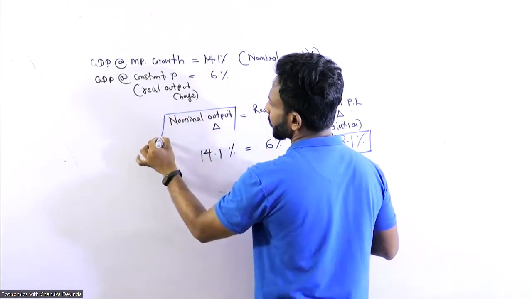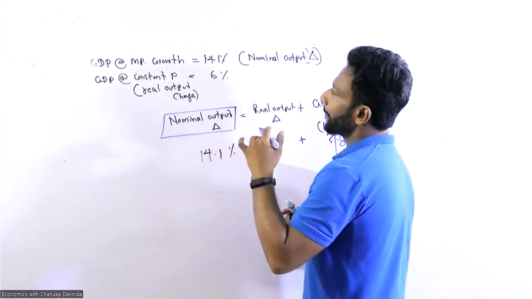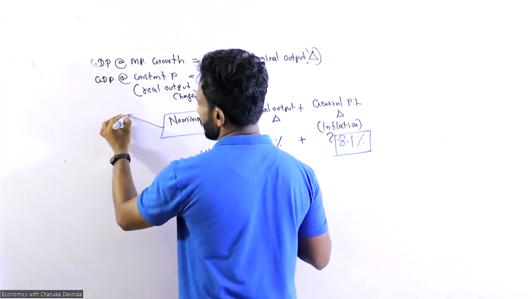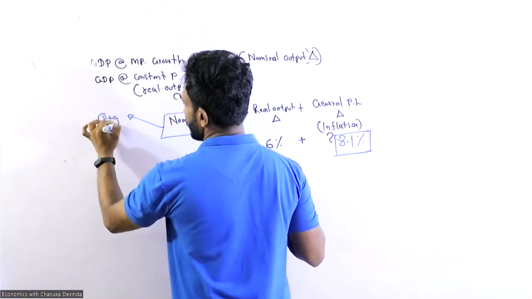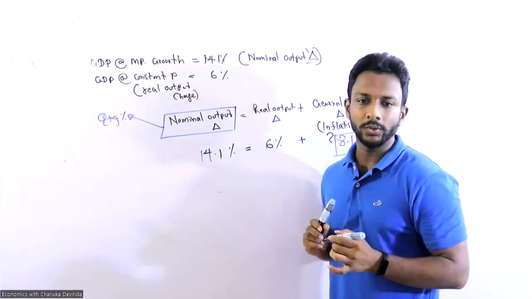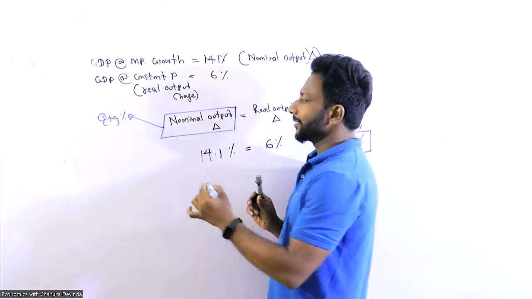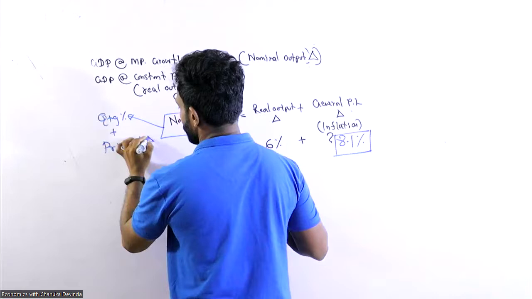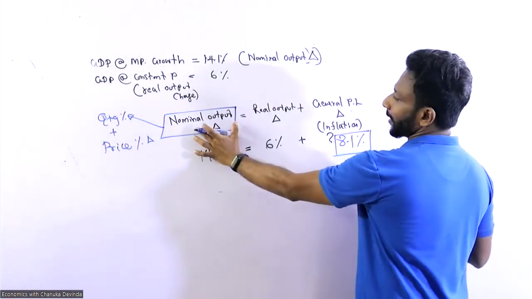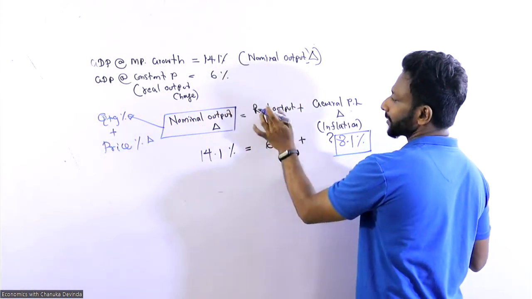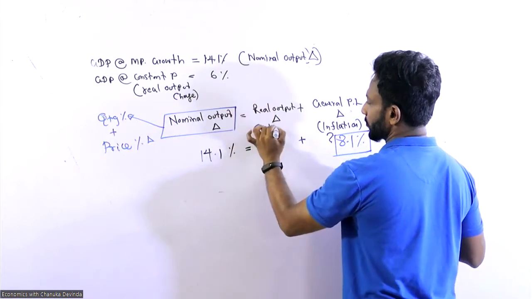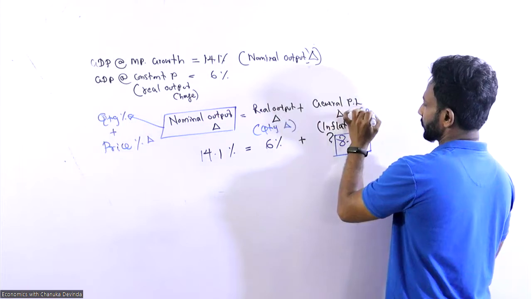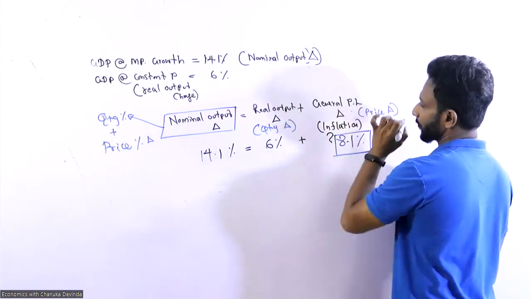Nominal output has both material change, that means real output change or quantity change, and also price level change. So nominal output equals real output, which is the quantity change, plus the price level change. What's next?